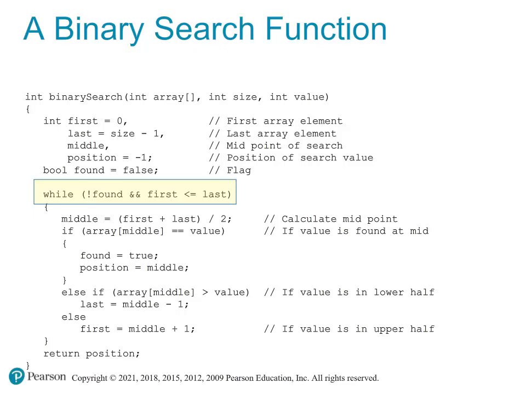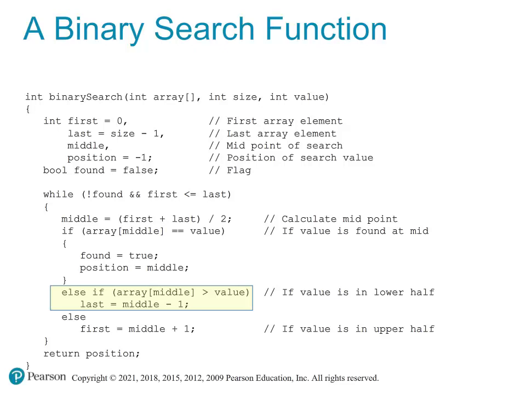A while loop starts and continues as long as found is false and first is less than or equal to last. Inside the loop, we calculate the midpoint index, middle, as the average of first and last. We then compare the middle element, array subscript middle, to the target value. If it is a match, found is set to true and the position is updated to middle.